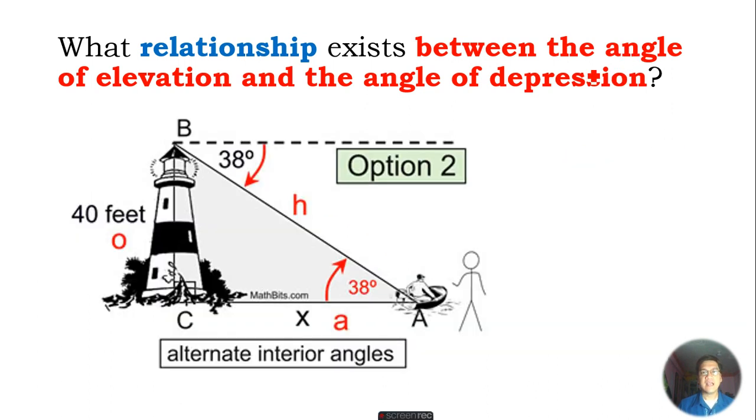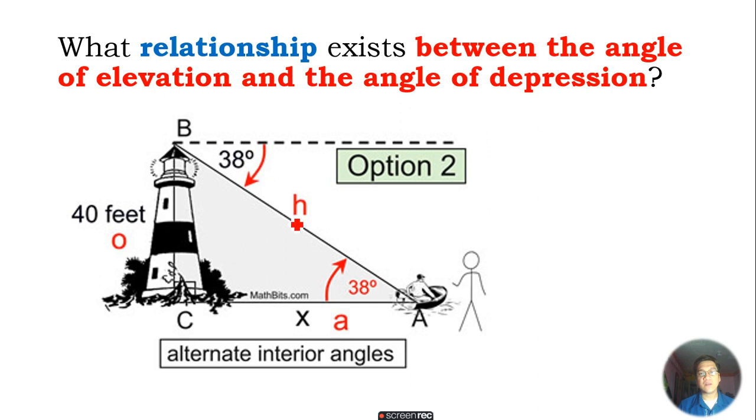Now, let's again look at this. We see that we have a tower here that is 40 feet. From the horizontal here, if there is a person looking downward to this person here in the boat, there is an angle of depression that is formed here that is 38 degrees.